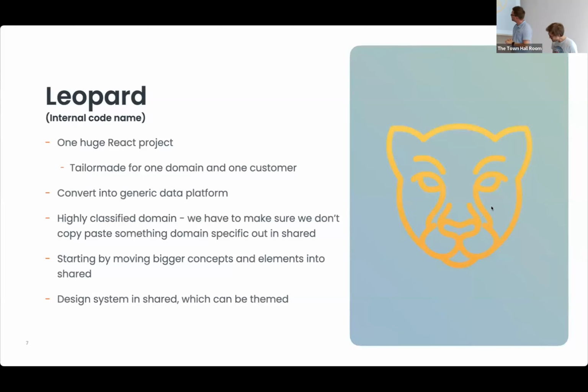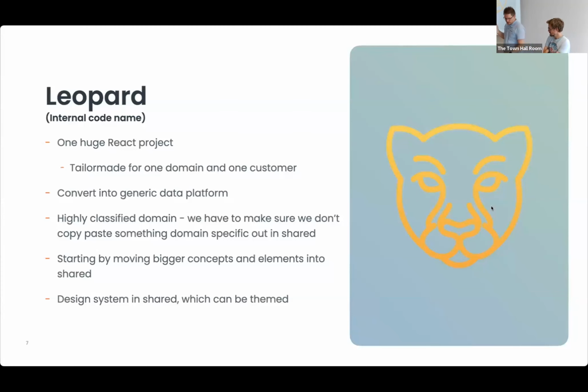But because this is now such a big, nice tool, we want to convert it into something generic so we can start reselling it. There's lots of classified domain in the code. So there's this struggle that we need to do something generic while still developing the ultra custom one, but also be able to, in the near future, release this as a more generic platform.